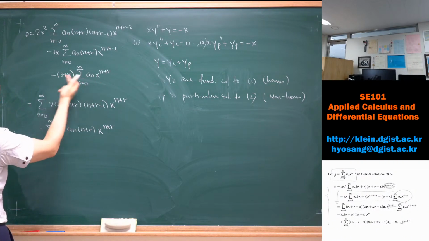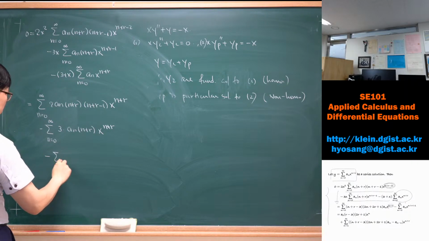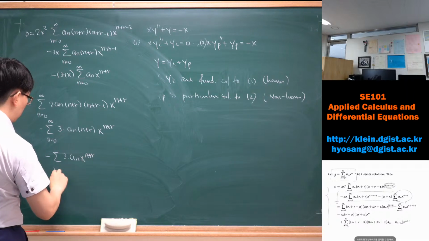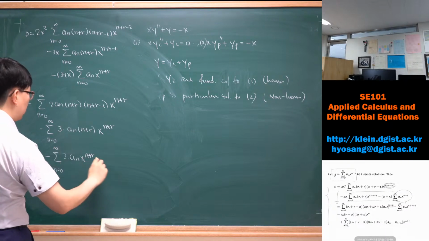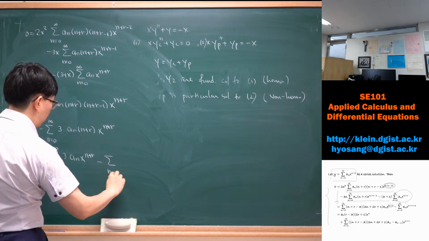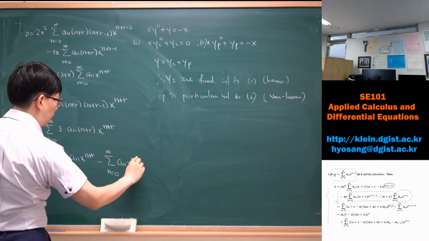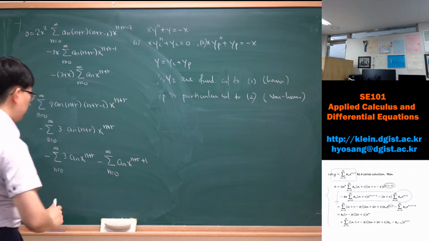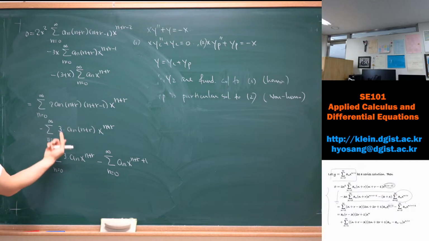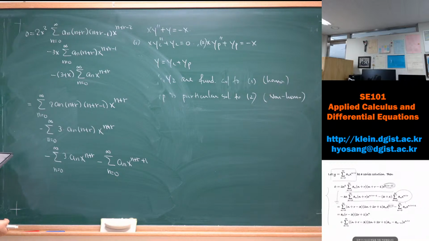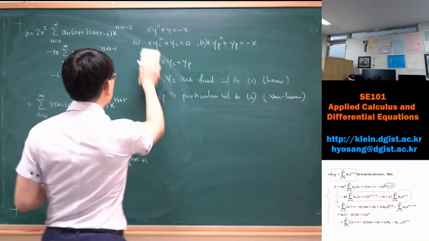And here, let's split this: minus 3 times the sum of a_n x to the n plus r, n from 0 to infinity, minus the sum from n equals 0 to infinity of a_n x to the n plus r plus 1. For the first three terms, I can combine them. That's how I get the second equation in the slide.